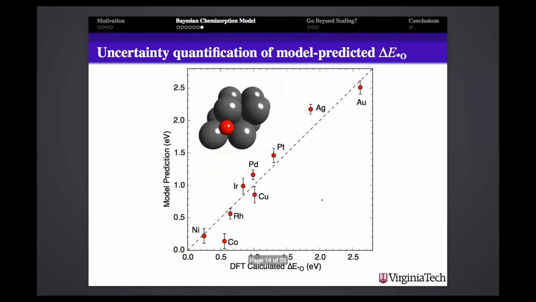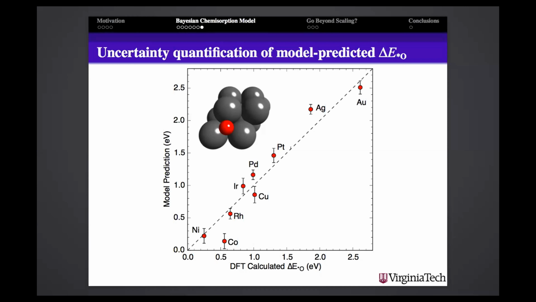In terms of energy, this is the DFT calculated oxygen binding energy on those metal surfaces, and this is the model prediction. We have about 0.1 eV root mean square error. And for each metal, we can evaluate the standard deviation of the model prediction, because the parameters we get from the Bayesian learning are distributions. This nicely puts an error bar on the model prediction to see how reliable the model is compared to the DFT calculated adsorption energies.